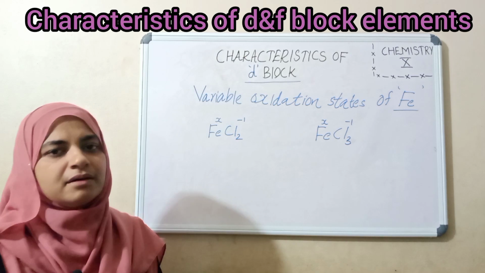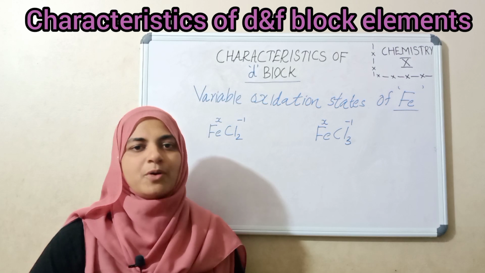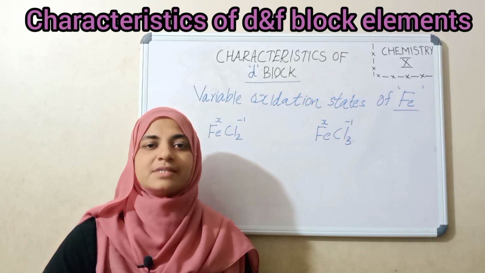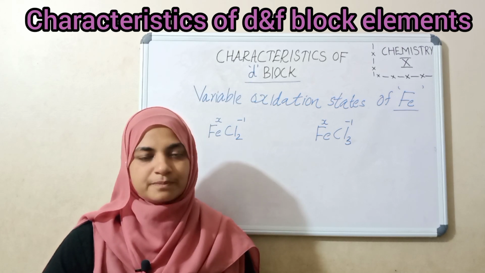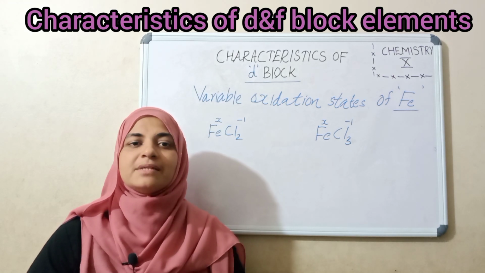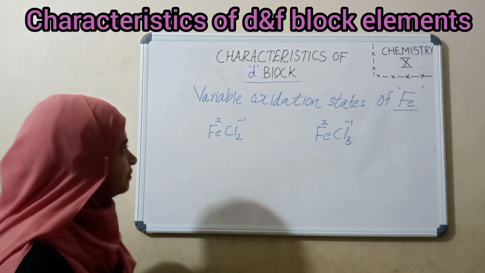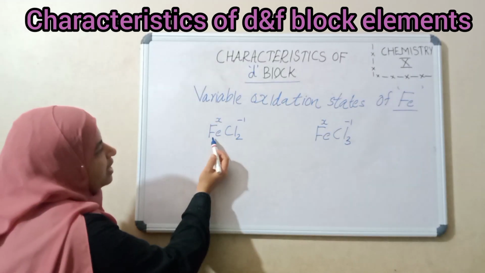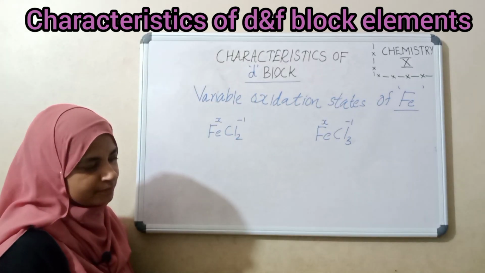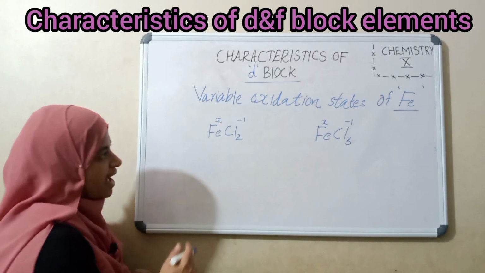We already discussed in 9th standard that in any compound, the sum of the oxidation states should be 0. That is, the sum of the oxidation numbers of the elements in a compound must be 0. Here I have given X as the oxidation number of iron. How many atoms of iron are there? Only one atom.